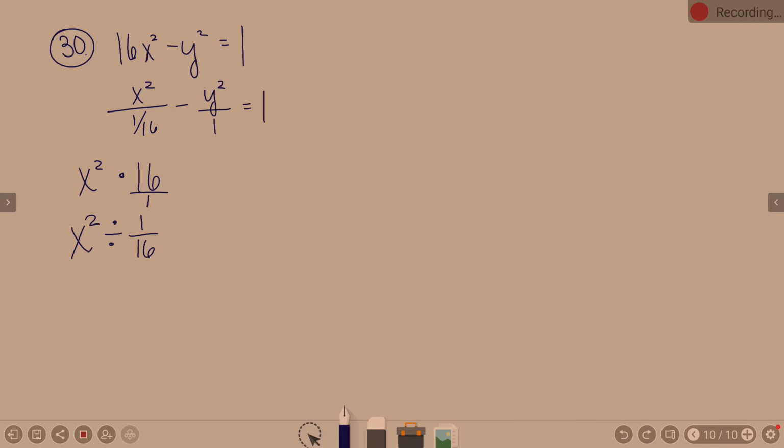Now, keep in mind, these denominators are a squared and b squared. So if a squared is 1/16, what does that mean a is? The square root of 1/16?